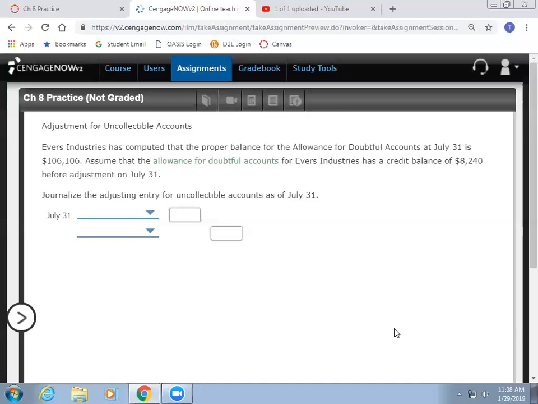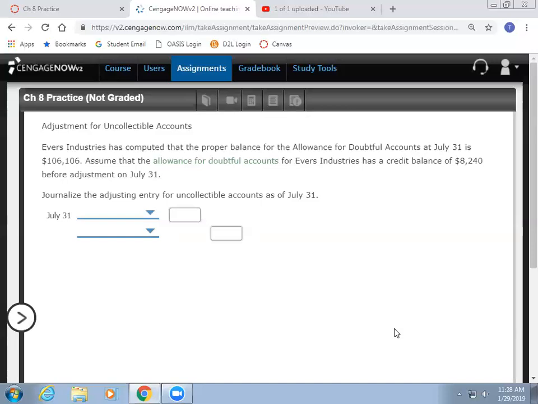So when we use an aging of accounts receivable method, when we come up with that ending amount, the 106,106, that's how much we want as our ending allowance for doubtful accounts. So this is what we solved when we did our aging of accounts receivable.